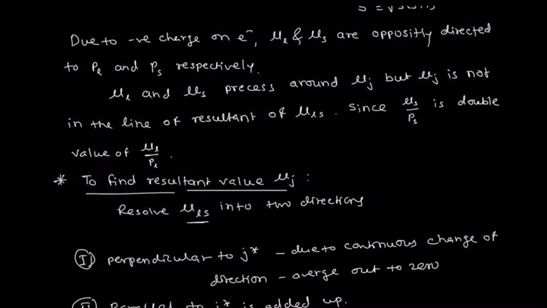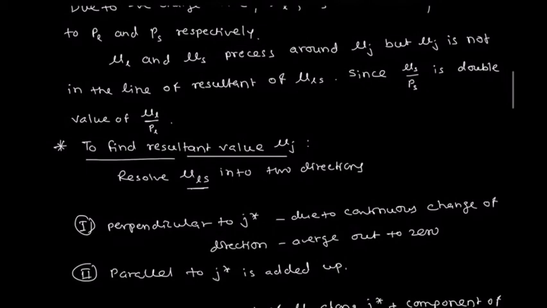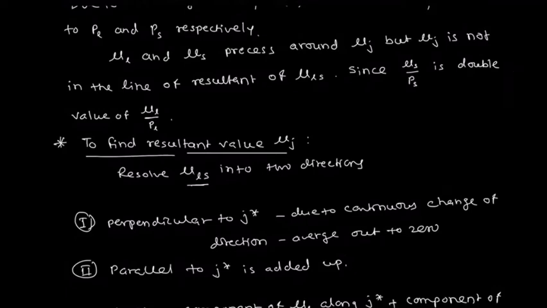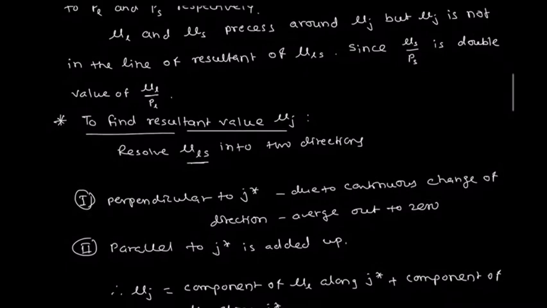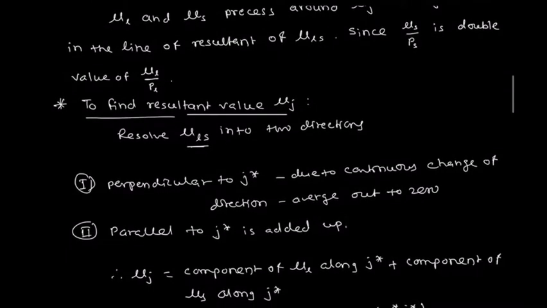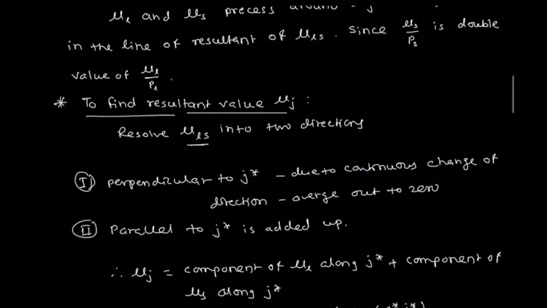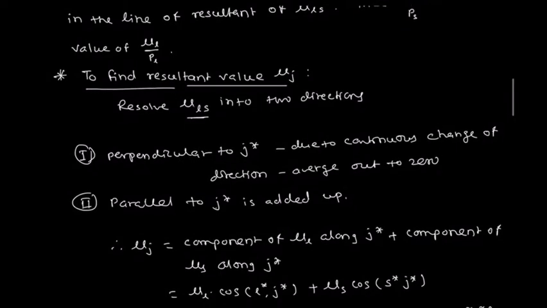And if it continuously changes direction, its average is taken to be 0. In the other condition, if the resulting vector mu LS is parallel to J star, then that component should be added due to the orbital magnetic moment and spin magnetic moment. Hence, we find the resulting value of mu J must be equal to the component of mu L along J star plus the component of mu S along J star.